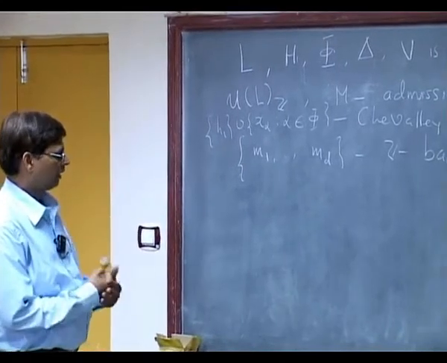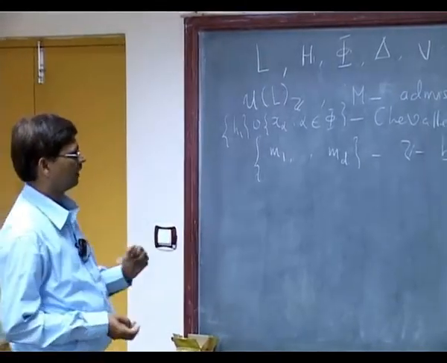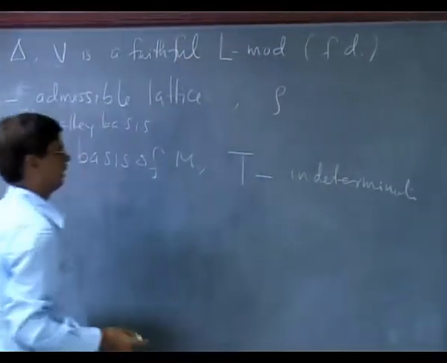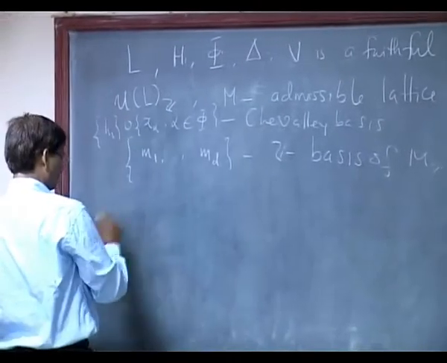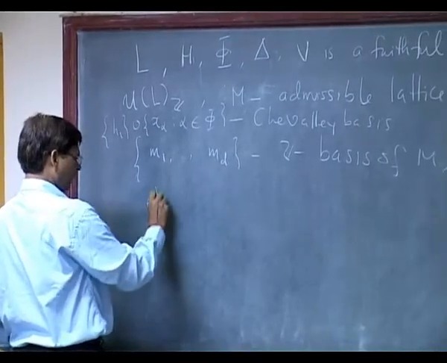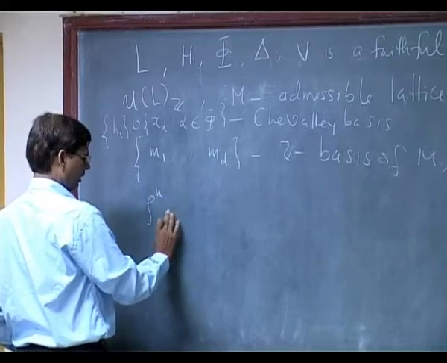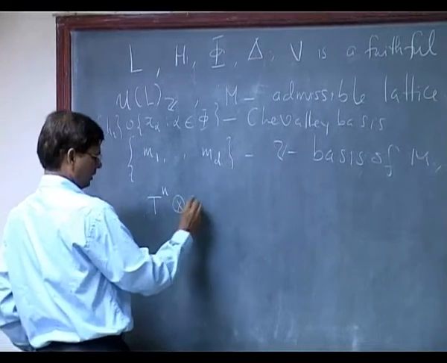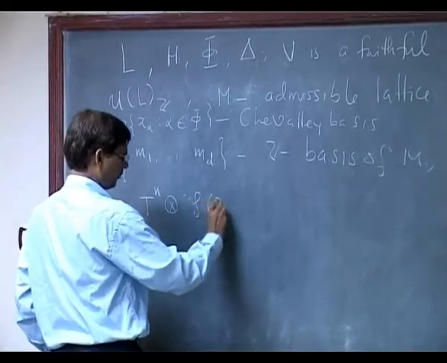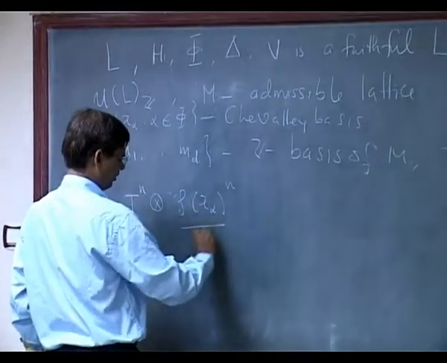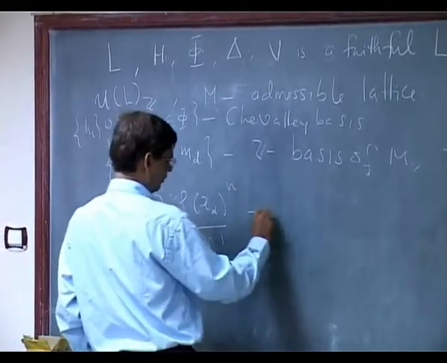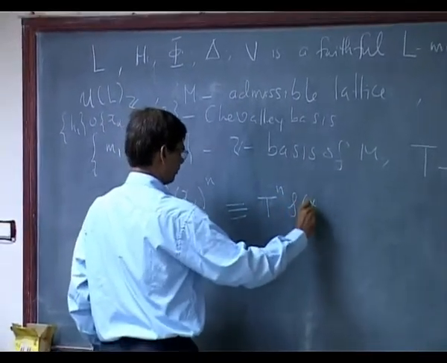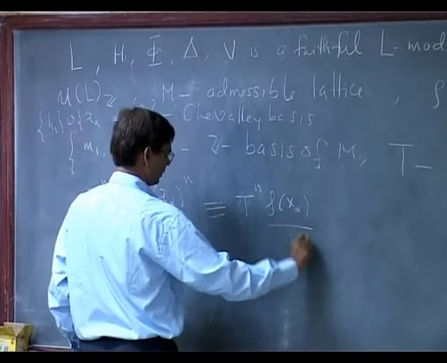So, then we have agreed on a notation, and suppose rho is the representation afforded by this module, then we have the notation rho_n, so that T^n tensor rho(x_alpha)^n by factorial n is just T^n rho(x_alpha)^n by factorial n.